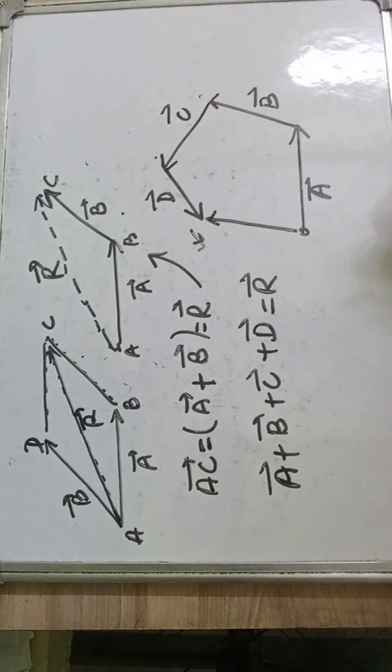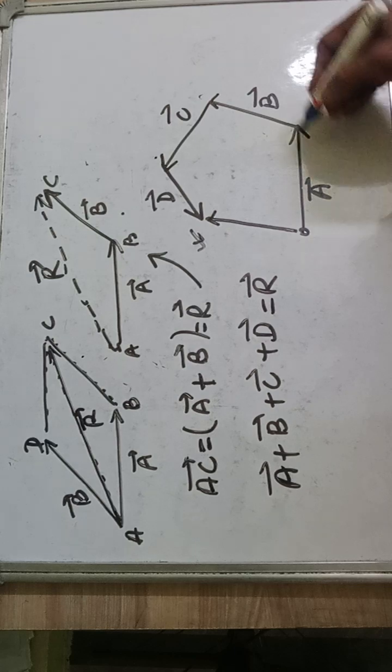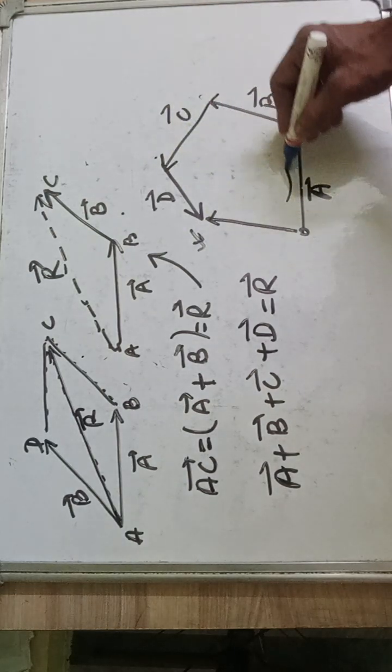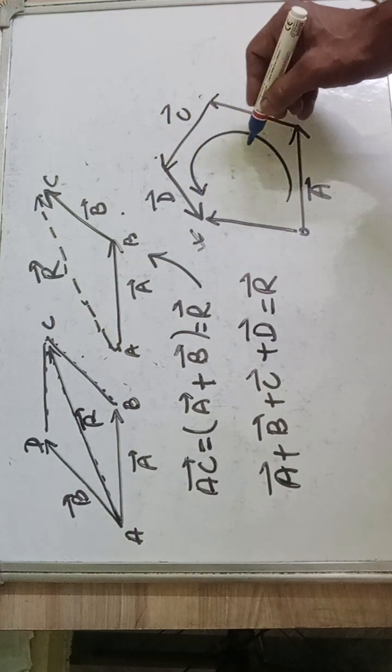This is polygon method in which A, B, C, D are arranged or joined in order.